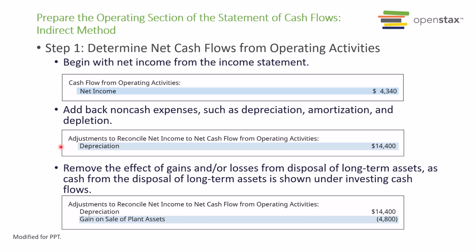And the three we're looking for are depreciation, amortization, and depletion. Now, depreciation, if you remember from your financial accounting class, shows how we've spread out costs over time, and we don't use depreciation expense as a cash item, right? There's no cash involved with depreciation.